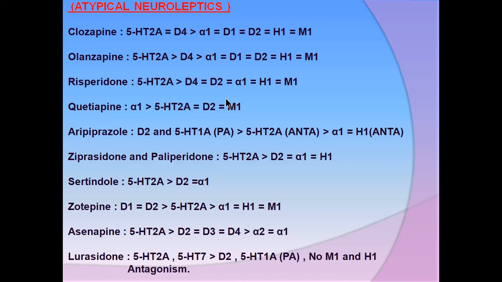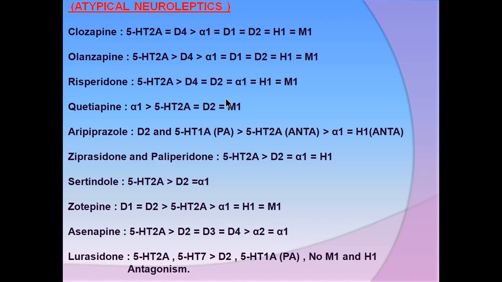First drug, clozapine, has receptor affinities more for 5-HT2A and D4 than for alpha 1, D1, D2, H1 and M1 receptors. Next drug being olanzapine, which has most affinity for 5-HT2A than for D4 and has more affinity than for alpha 1, D1, D2, H1 and M1.